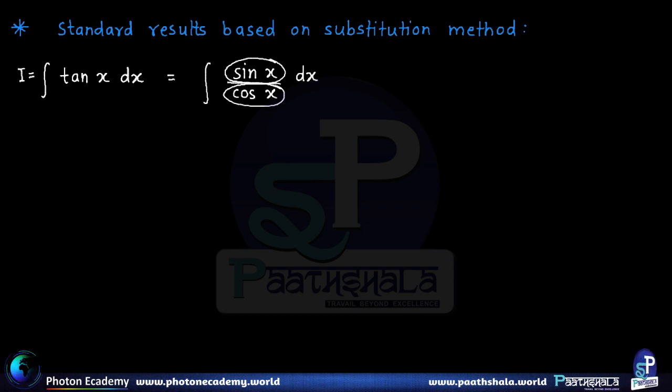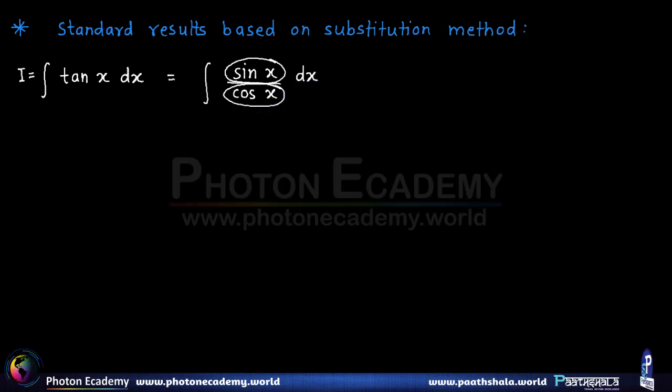We can have minus of minus sin x in the numerator, which gives us sin x. So, ignoring the sign, we have the entire derivative of cos x present in the numerator, so we can go ahead and do the substitution.